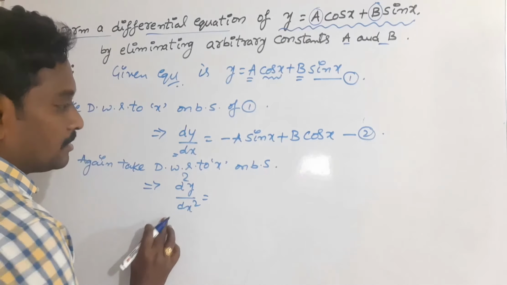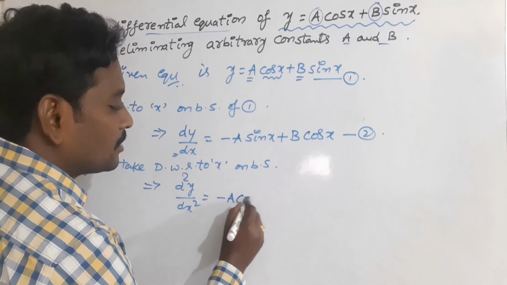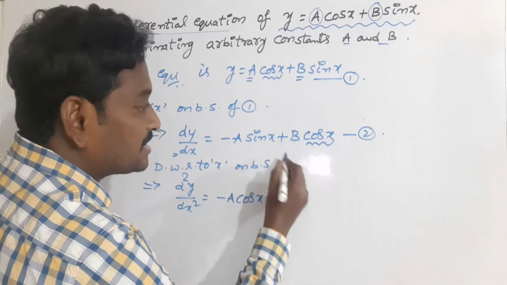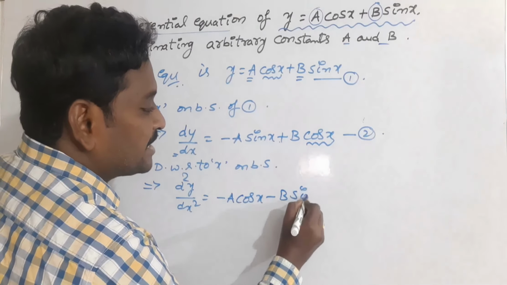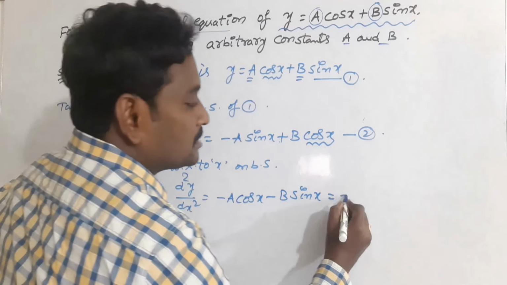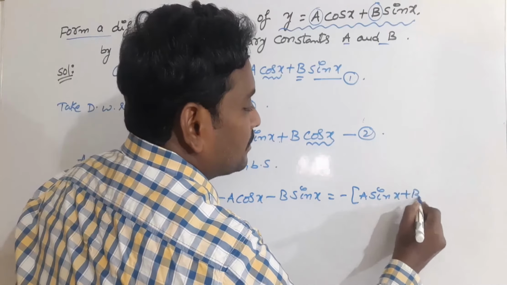Don't forget it. So minus a into the differentiation of sin x, which is cos x, plus b times the differentiation of cos x, which is minus sin x. Positive into negative is negative here. So minus b sin x. In both parts minus is the common term. So minus of a sin x plus b cos x.